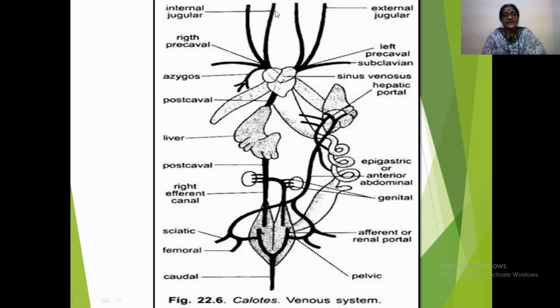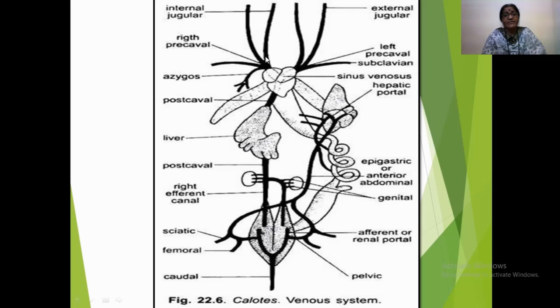See, this internal one is the internal jugular, here is the external jugular, and here is the subclavian. All these three join from each side, and they form the precaval vein of their side. Thus, the left as well as the right precaval veins are formed.